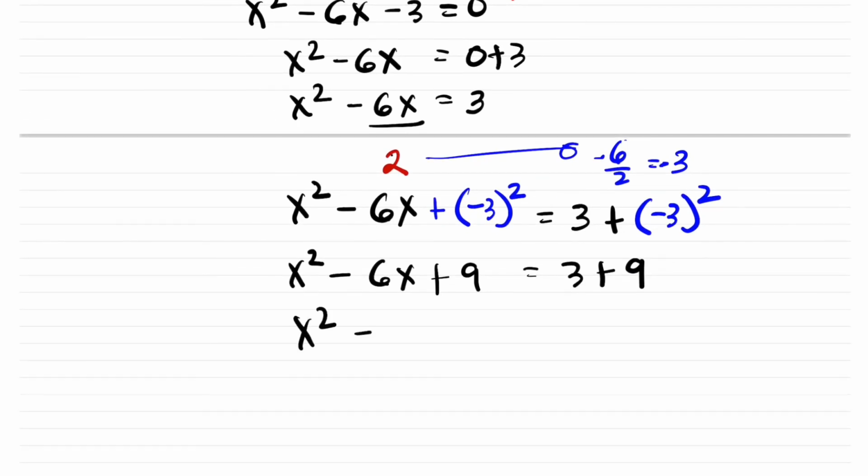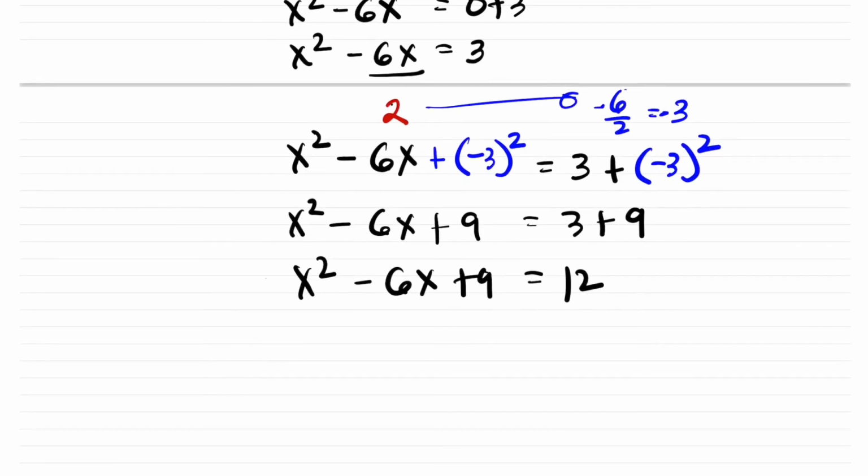x squared minus 6x plus 9 is equal to 12. And then we factor this one out here. So therefore we have now x, and then negative 3 squared is equal to 12.